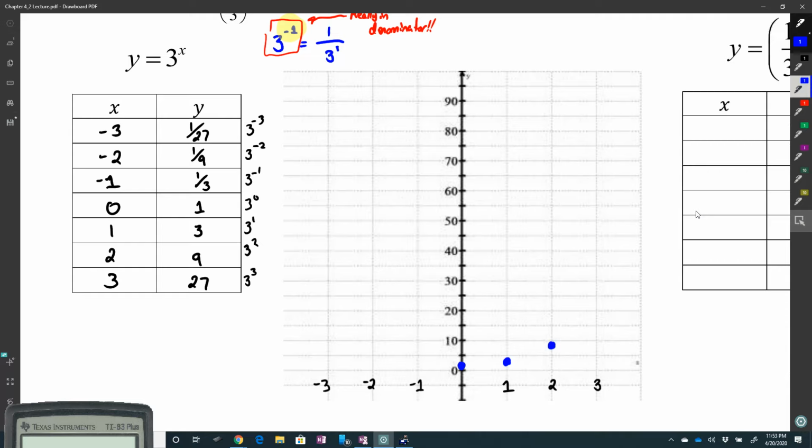So here, 27, about right there. I know I didn't give enough space, but if you wanted to add 4, the next one would be 81 because it's 3 to the 4th. And so the next point would be, let me add it in. So 4 would be all the way up here at 81.